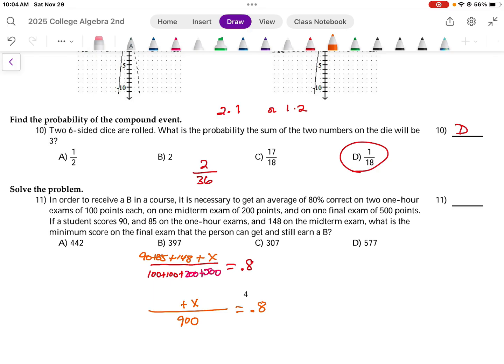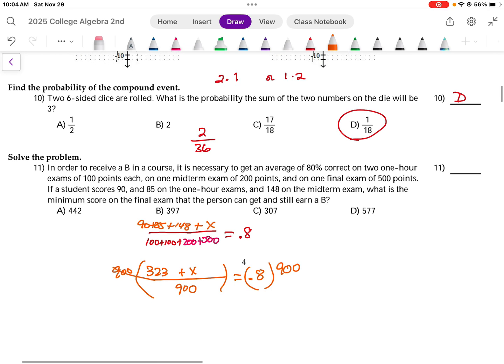So 90 plus 85 plus 148 is 323. And then now I do inverse operations. I'm going to multiply both sides by 900. So 900 times 0.8 is 720. So those cancel. 323 plus x equals 720, and subtract over the 323.